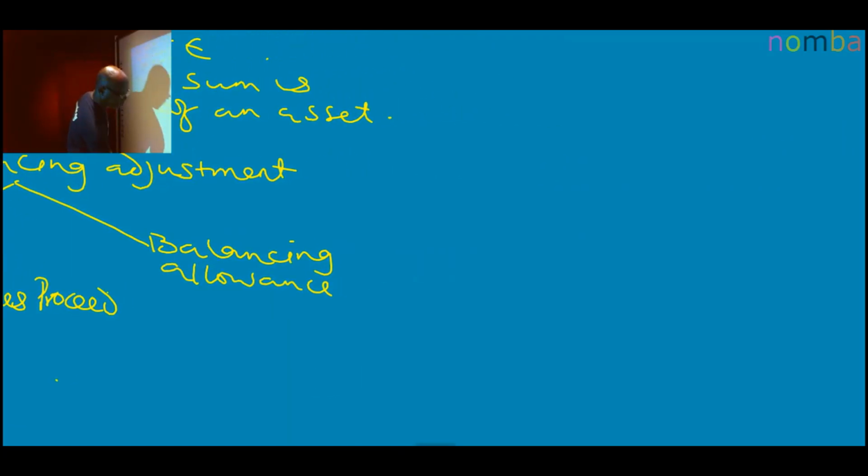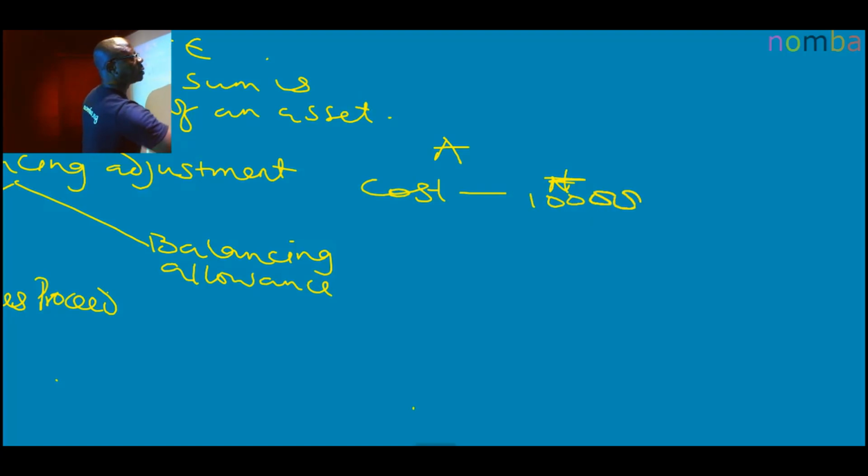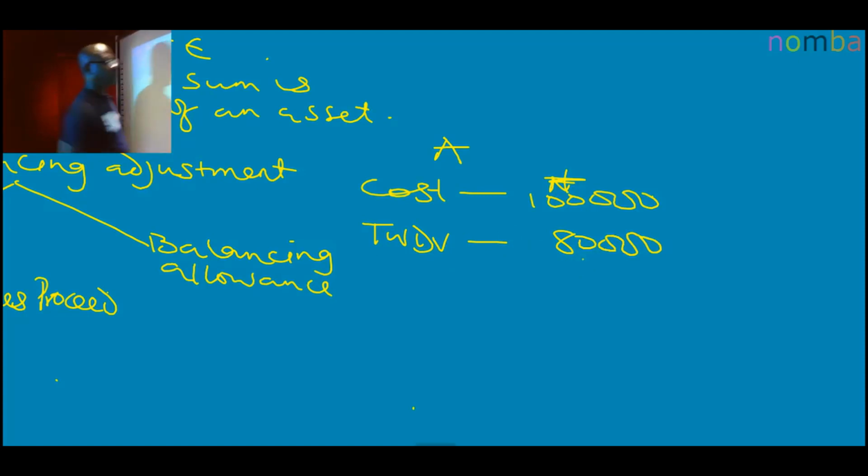Assuming I have an asset. Let me say A is the asset. The cost of the asset is maybe 100,000 naira. Okay, right? And I'm telling you that as at the time I sold it, the TWDV is 80,000. Are we there?